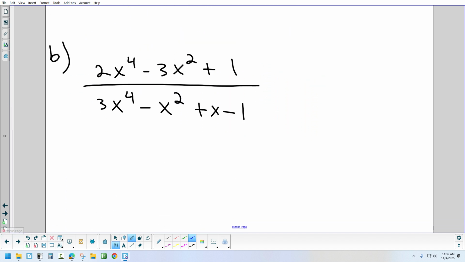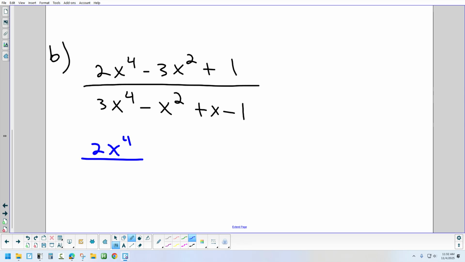Okay. Let's try the EBM of this one. What's the term that has the highest degree at the top? 2x to the fourth. And what's the term with the highest degree in the bottom?